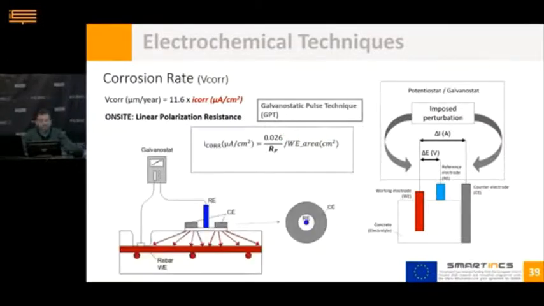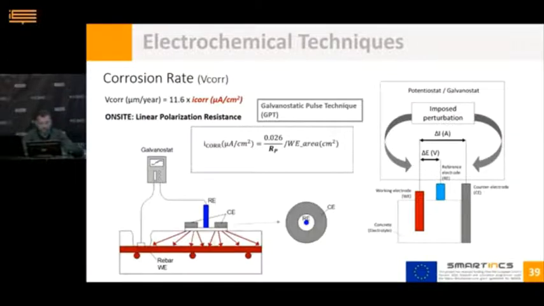In fact, the majority of on-site measurement techniques are based on this method or a variation of this method. But the important thing here is to know how the cell to measure corrosion is, in this case, for on-site. Well, the working electrode is always the reinforcement.